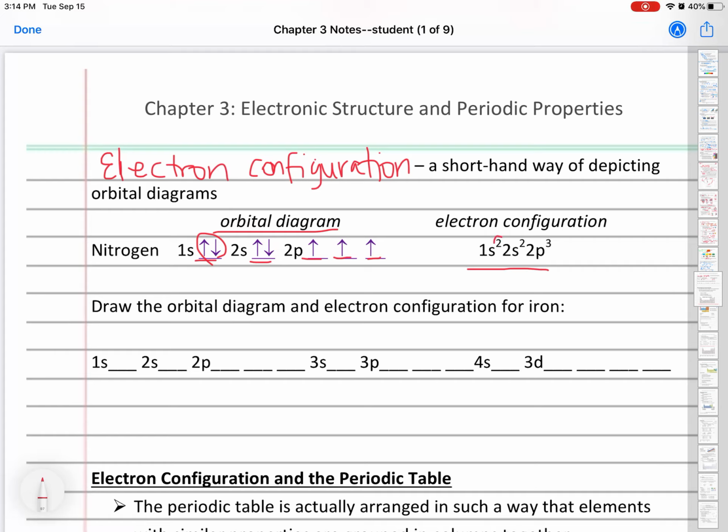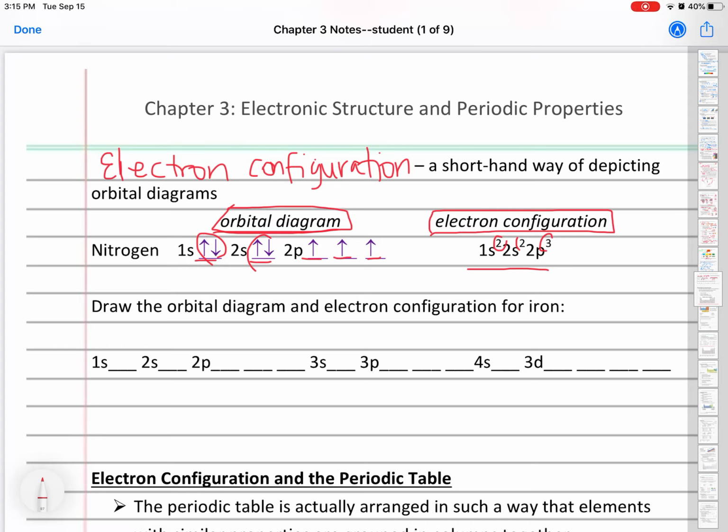So in the 1s orbital, we have 2 electrons, so we put a little 2 as a superscript. 2s, we have 2 electrons, and in the 2p, we have 3 electrons. So the number of electrons in that orbital just becomes the superscript. And we call this the electron configuration. They show the same thing, just in two different formats. But make sure you understand the difference, because if a question says draw the orbital diagram, that's a different thing than writing the electron configuration. So you want to make sure that you know which is which.